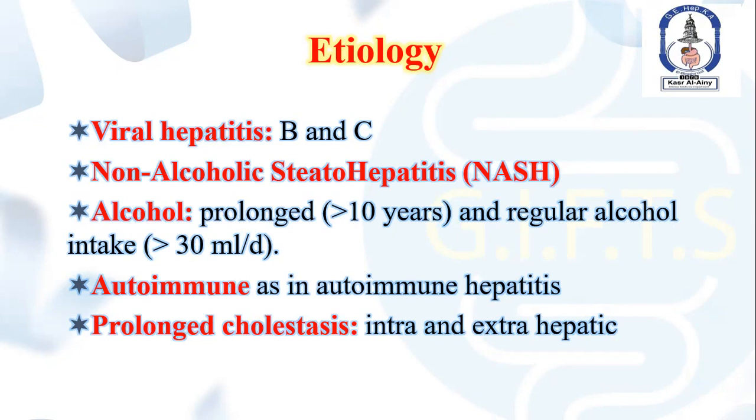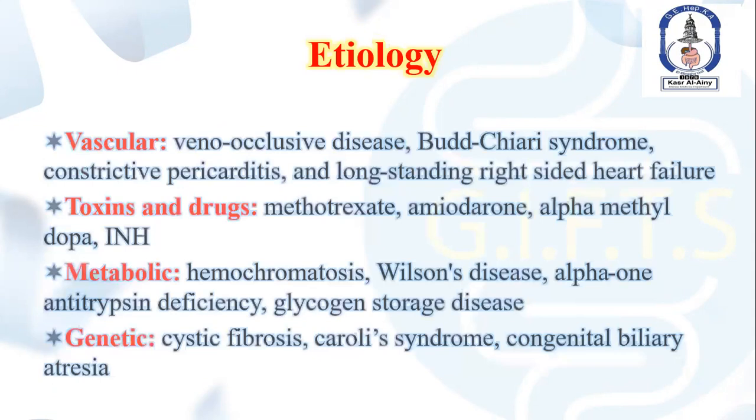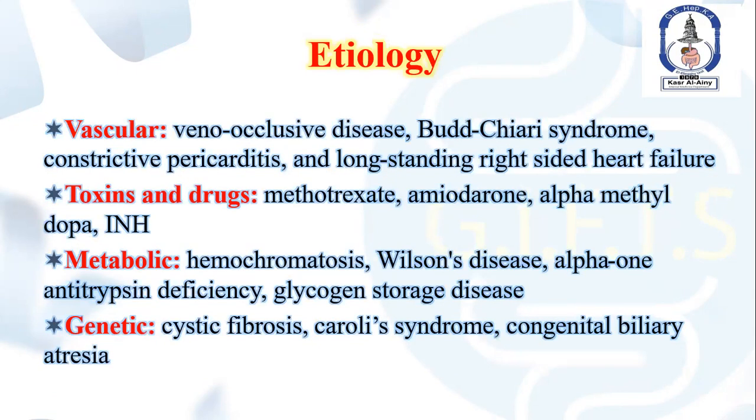Autoimmune disorders like autoimmune hepatitis, and prolonged cholestasis like extra or intrahepatic cholestasis. There are also some less common causes, like vascular causes such as veno-occlusive disease, Budd-Chiari syndrome, constrictive pericarditis, and long-standing right-sided heart failure, what is commonly known as cardiac cirrhosis. There are some toxins and drugs like methotrexate, amiodarone, alpha-methyldopa, and isoniazid used for treatment of tuberculosis.